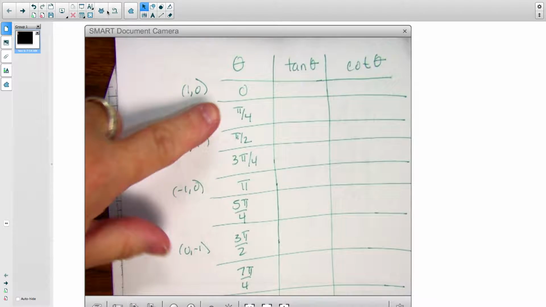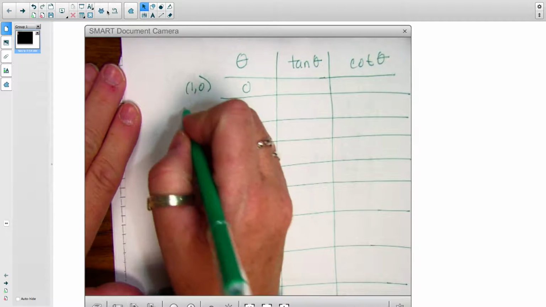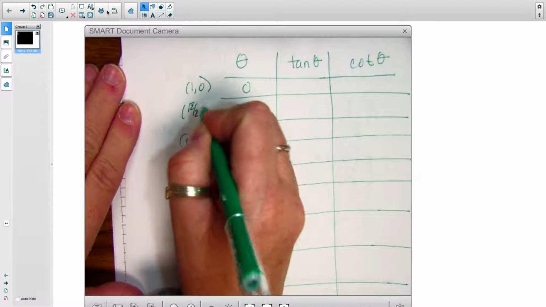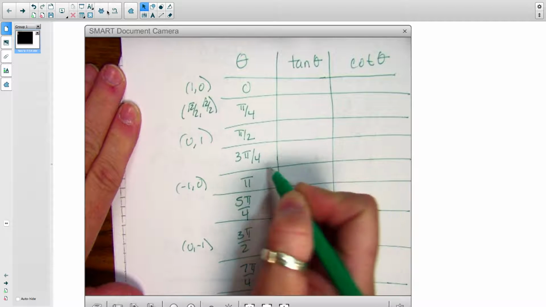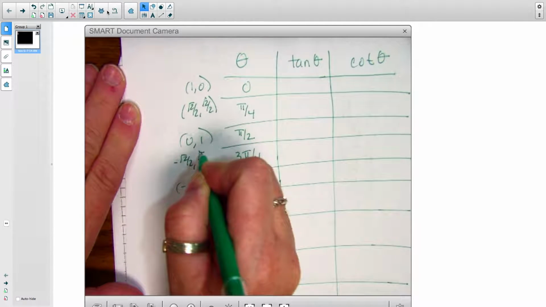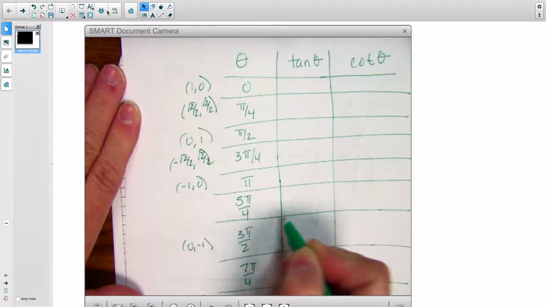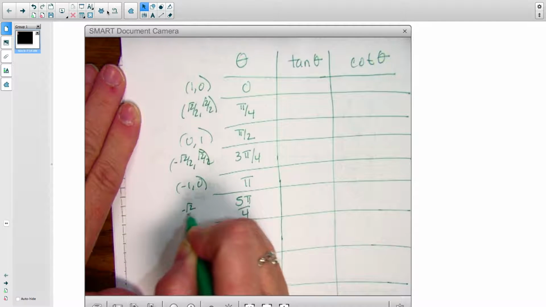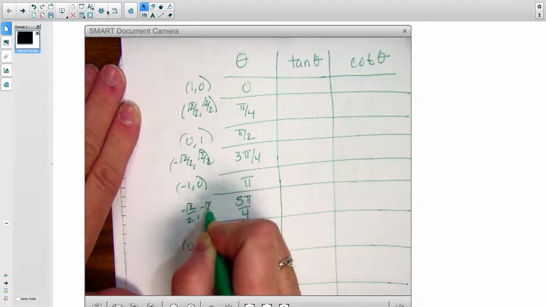And then the pi over 4s are, this is square root of 2 over 2, square root of 2 over 2. This one is negative square root of 2 over 2, square root of 2 over 2. Negative, negative.